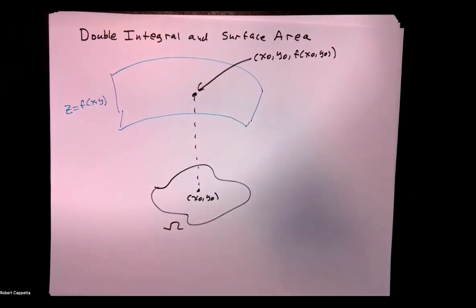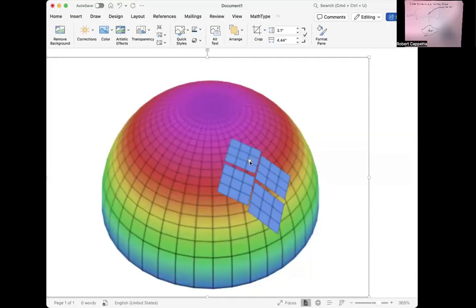Now, what do I want to do? I want to find the tangent plane to that surface at that point x naught, y naught. And I want to draw a little tangent plane there. So let's look at a similar picture to help us visualize that. You'll notice I have, it looks like 4 points here on this surface, and then a small portion of the tangent plane was constructed at each of those 4 points.